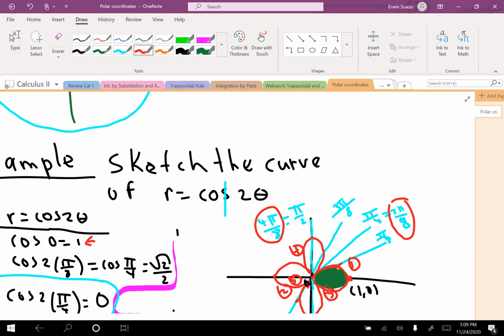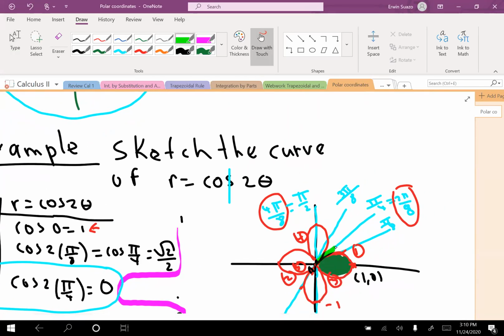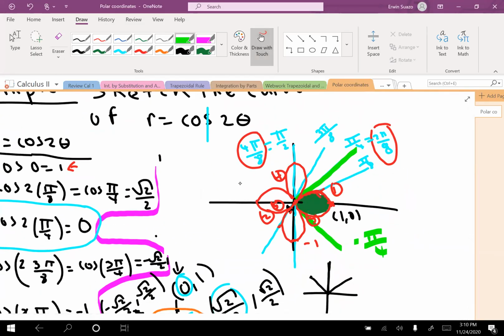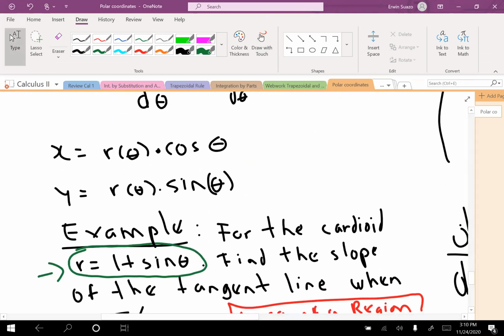No, let me choose. This angle is pi fourths, and this angle is minus pi fourths. But I'm giving it to you, so I'm telling you what you have to find the area. Just describing, because I said minus pi fourths and pi fourths. That's exactly the part of the rose that you're gonna find the area of.